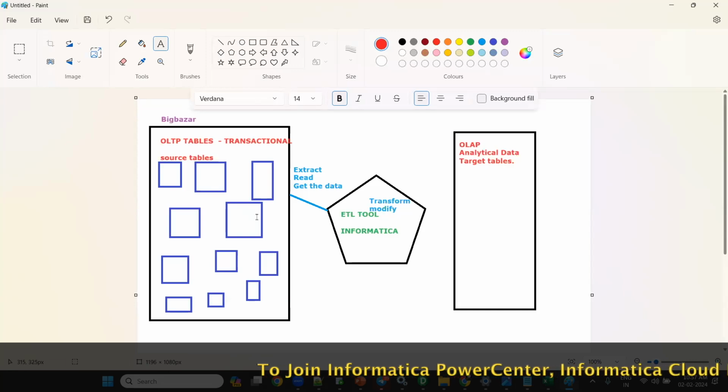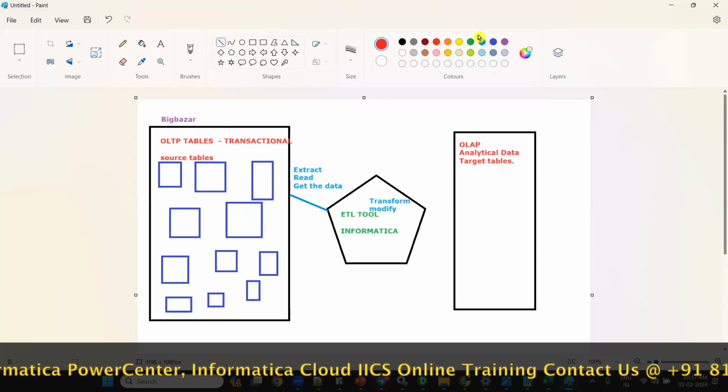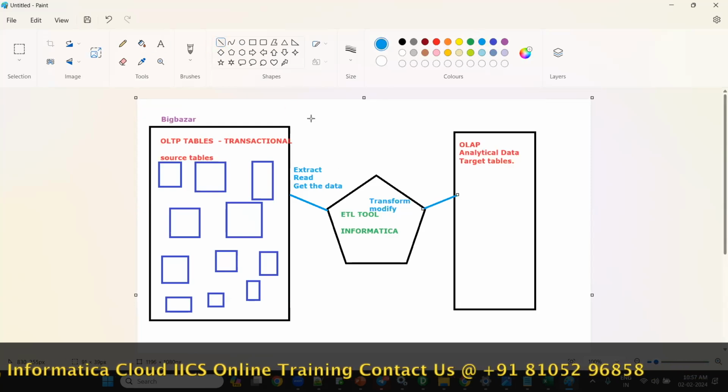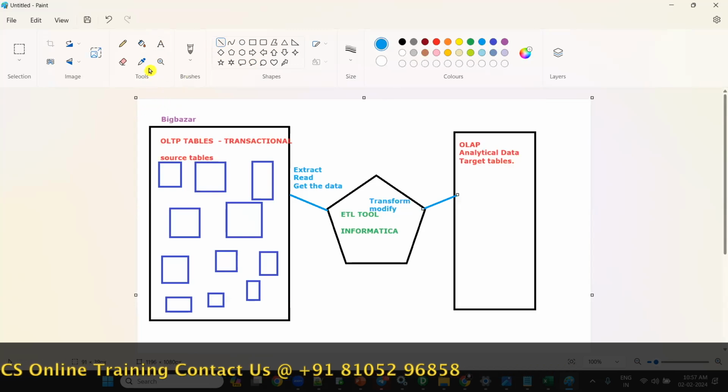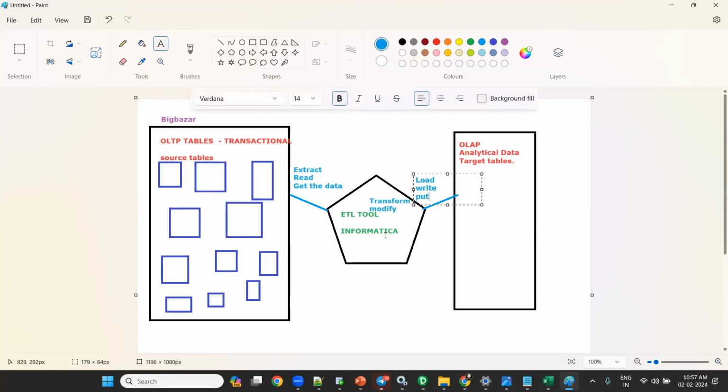Informatica will extract the data, transform and load it to target tables, or write it to target tables. Load or write or put the data to target tables. These are all target tables.